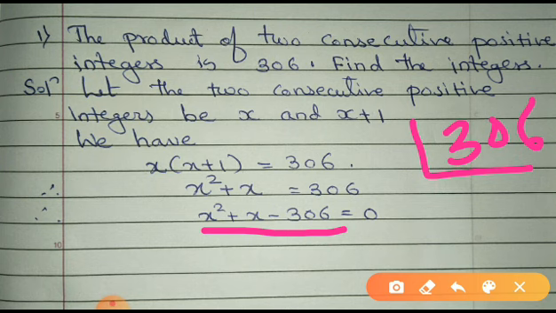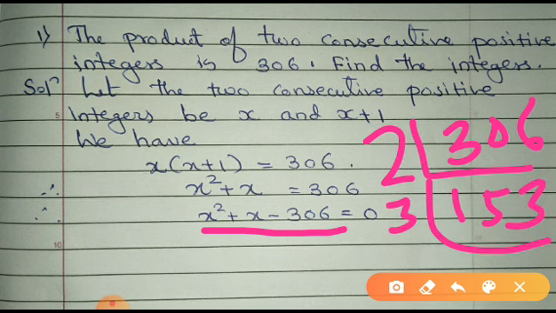Now suppose here I divide it by 2: 2 ones are 2, 2 fives are 10, 2 threes are 6. Again, divide by 3: 3 fives are 15, and 3 ones are 3.